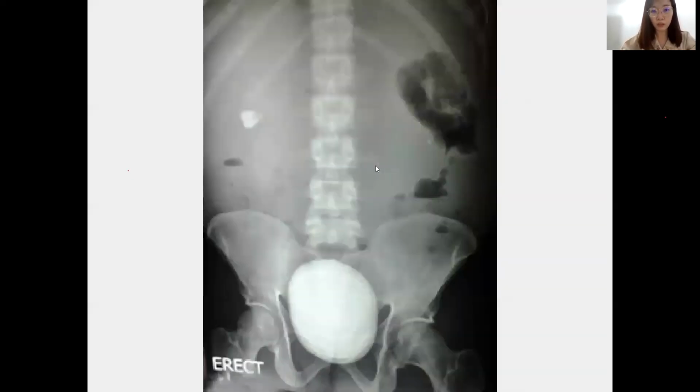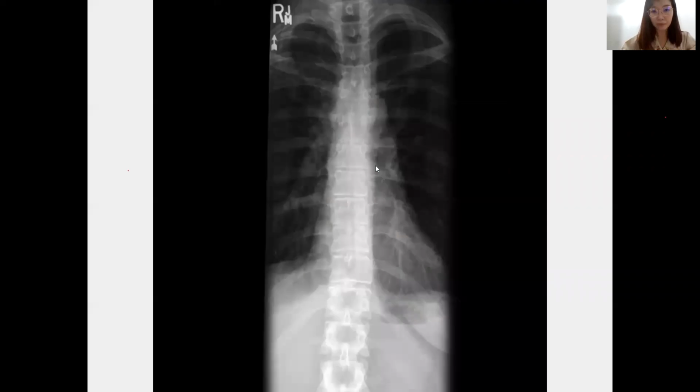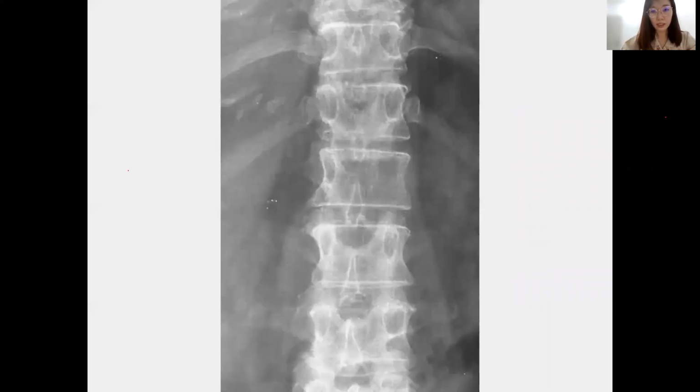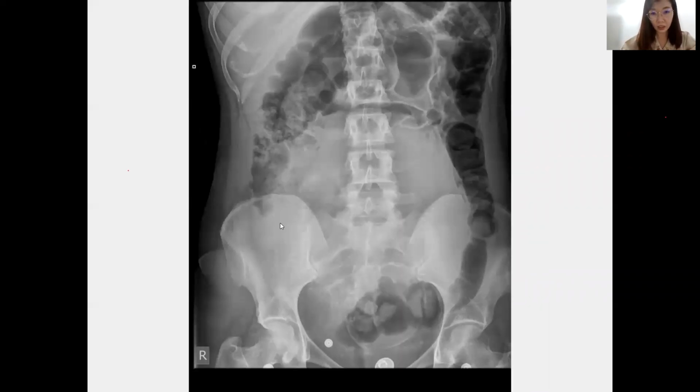But look at this X-ray. Centrally there's nothing, no bowel loops at the center, but all displaced. Here there's a mixture of large bowel and small bowel. So there's a gravid uterus at the center of the abdomen with the baby spine here. It's quite big already. Third trimester maybe.